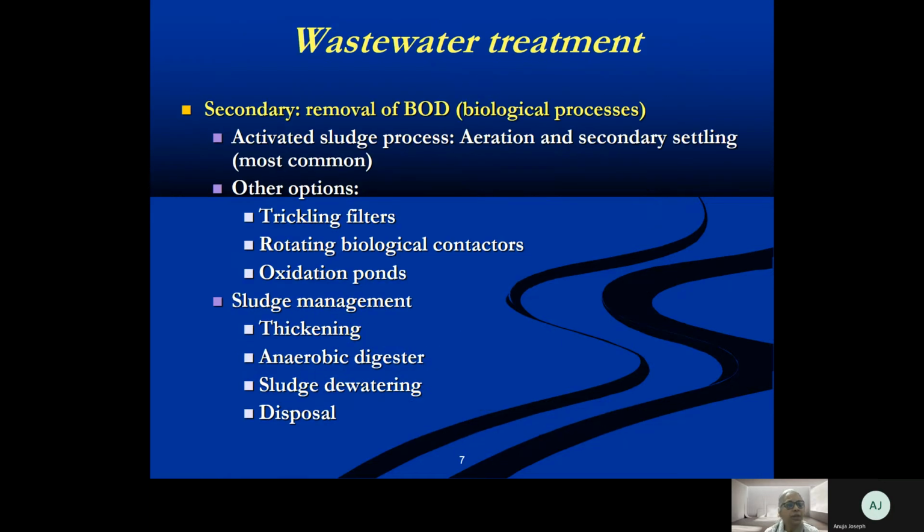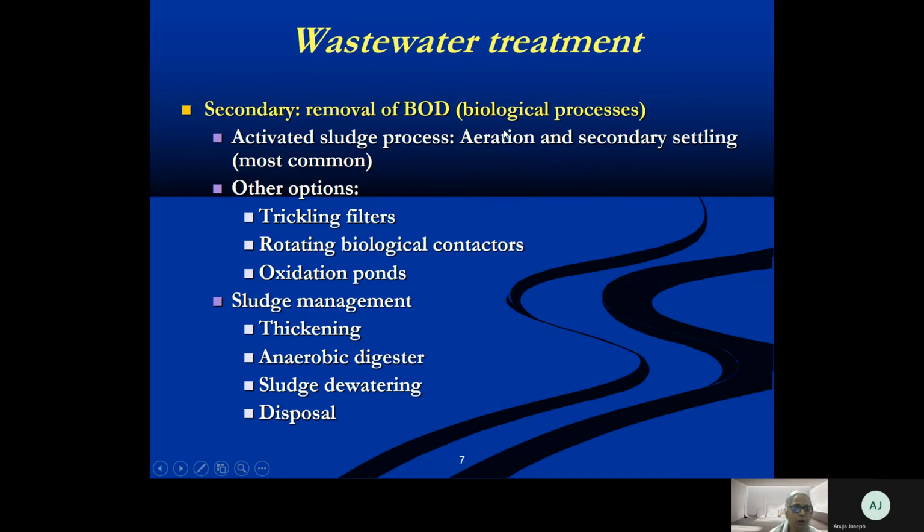Then we come to secondary treatment. Secondary treatment means you want to remove the BOD. BOD is associated with organic matter. I've already spent a long time on BOD and its relationship with organic matter, so by now you know exactly what removal of BOD is and what the importance is.